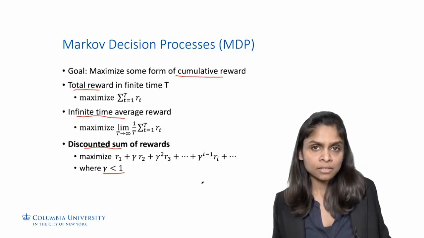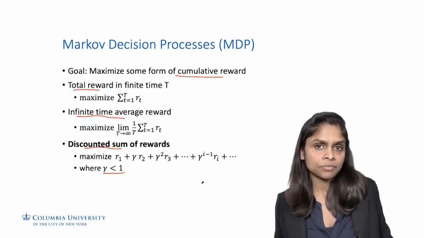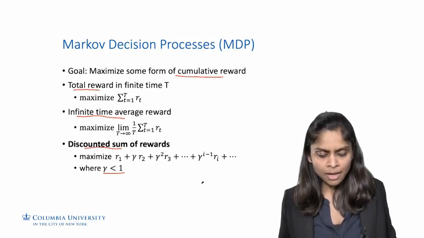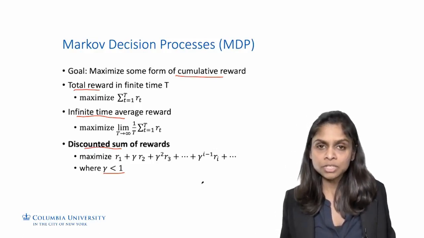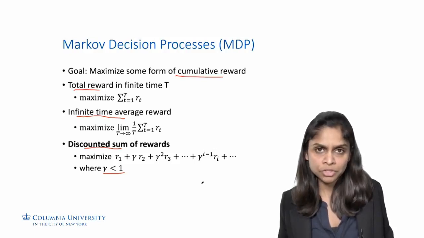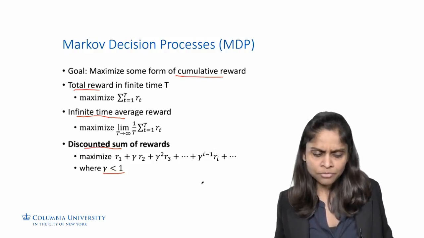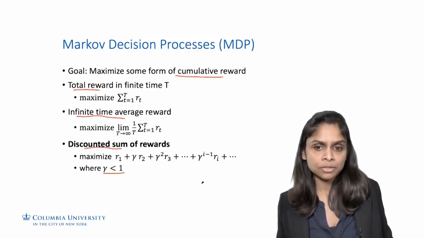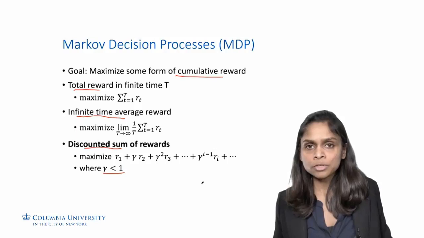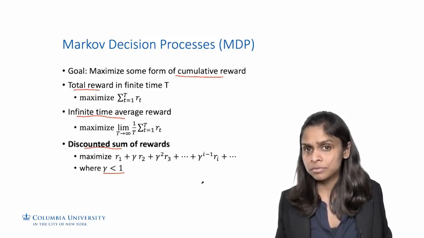Firstly, it is mathematically convenient as it always converges and avoids the complication of infinite returns. And practically, depending on the application, immediate rewards may indeed be more valuable than those obtained far in the future. More importantly, often uncertainty about the far future is not well understood, and therefore you may not want to give much weight to what you think you might earn far ahead in the future.